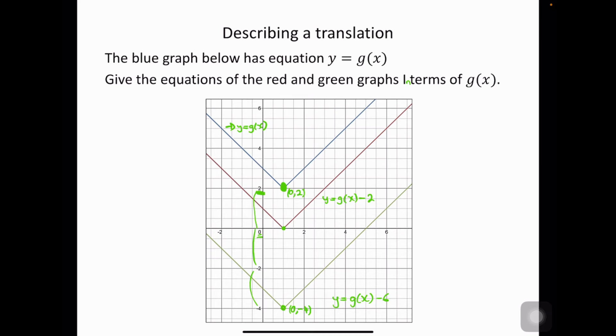In terms of describing it, you could also say this is a translation, and then write the vector, which is, again, no change to the x coordinate, but the y value is decreasing by 6. Likewise, the other one, translation 0, -2.